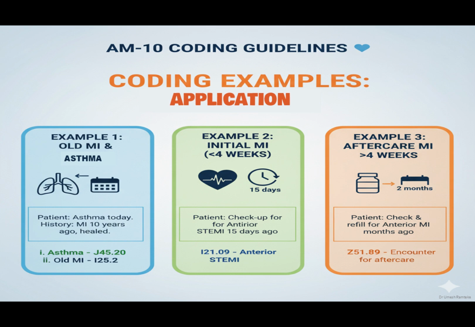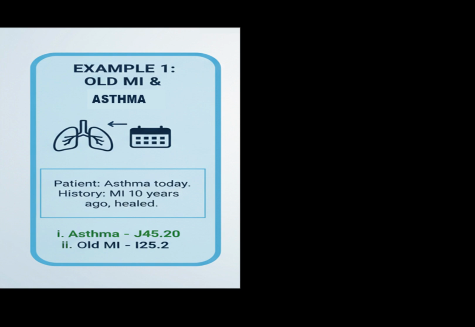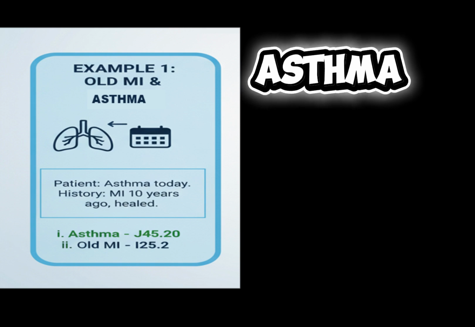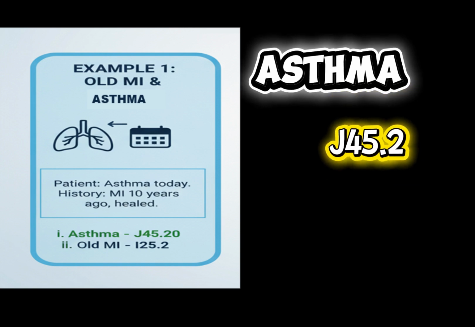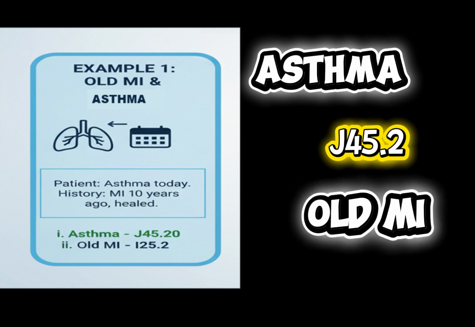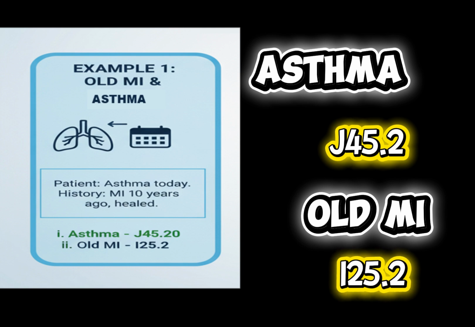Let's make this easy with examples. Example 1. A patient is admitted today with asthma and has a past medical history that includes MI 10 years ago, which is fully healed. So, in this scenario, we code first for asthma, J45.20, as it is the presenting complaint, and use the second code for old MI as I25.2.